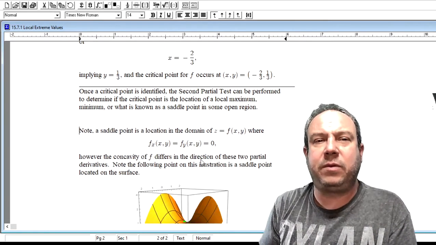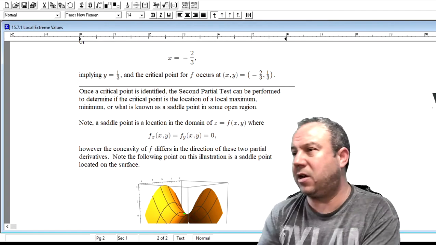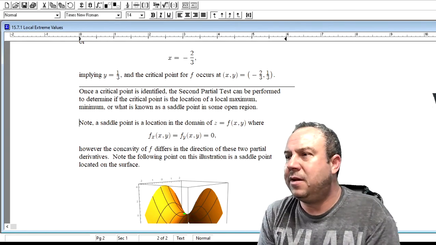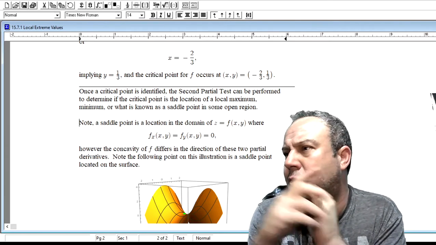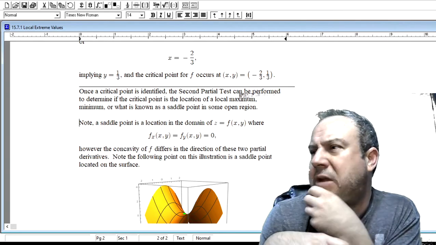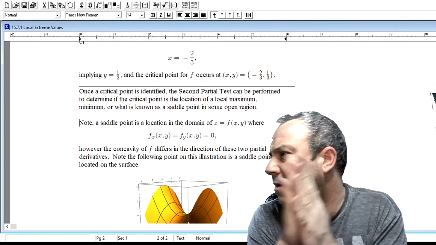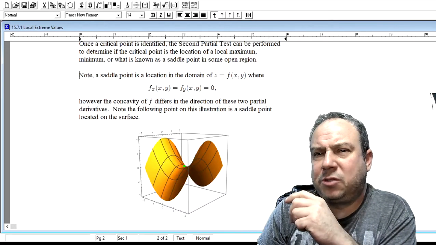Well, first of all, we take note of what a saddle point is, because this is kind of new to us. I think we all can imagine what a local max would look like. That's like the top of a hill. And a local minimum would look like the bottom of a hill. If we thought about a circular or an elliptical paraboloid that opens either down or up, those would have local maxes or mins on their tops or bottoms. But what's a saddle point? A saddle point is what I have illustrated here.